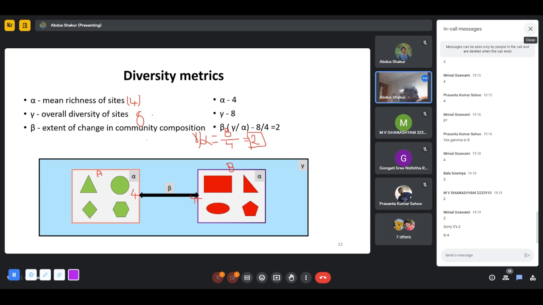Okay, so alpha, I'll just go over it again. Alpha is the number of species that you see in the smallest sampling unit, whether it's a plot, a transect, or a point. Gamma is at the higher level: if you have multiple such plots kept together, what is the total number of species you see across all of those plots? That value is the gamma value.